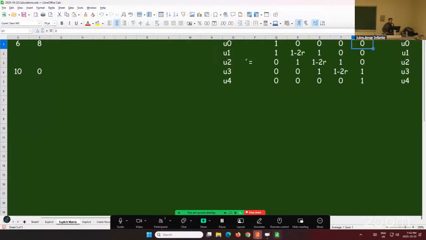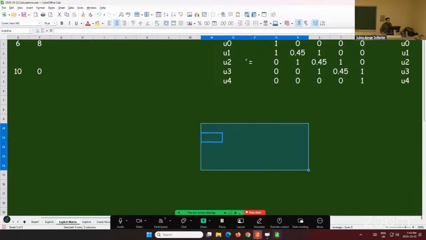All right, N. So this is 1 minus 2 times R. Define this as matrix N. Okay, so that's matrix N.